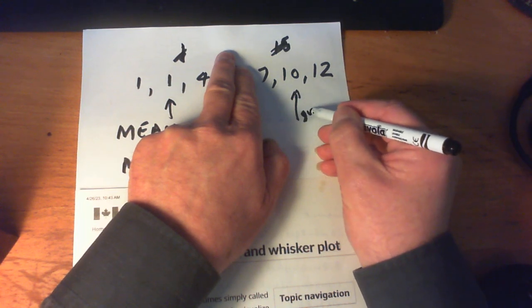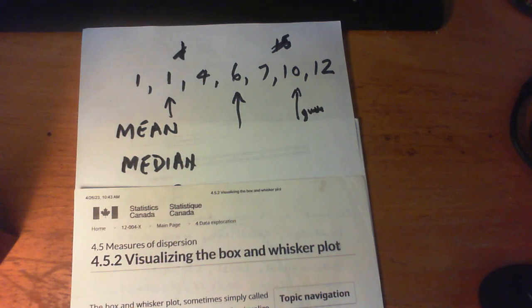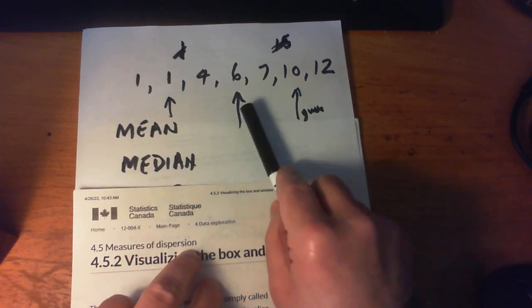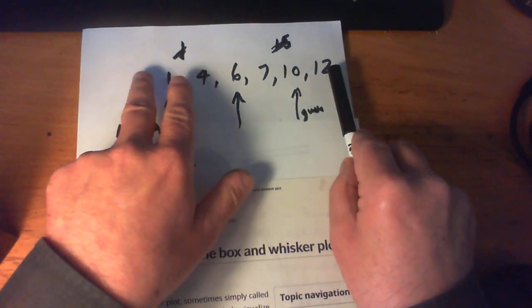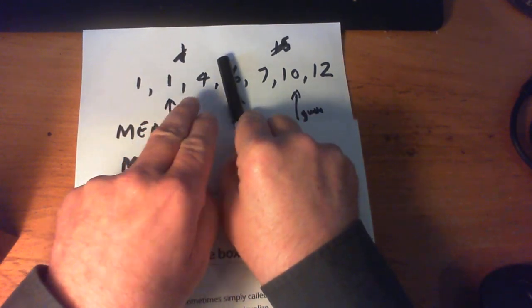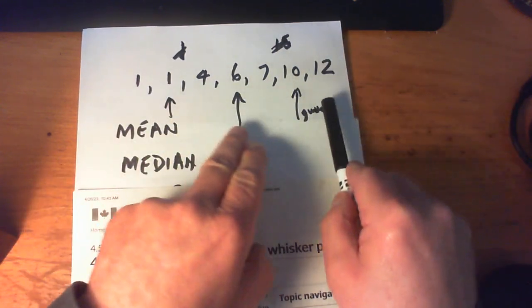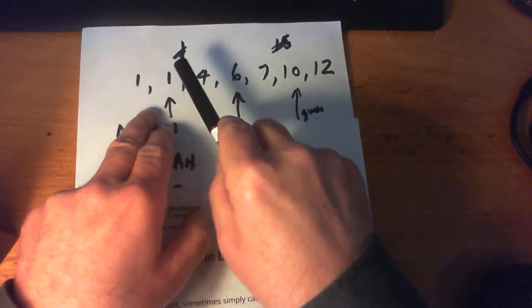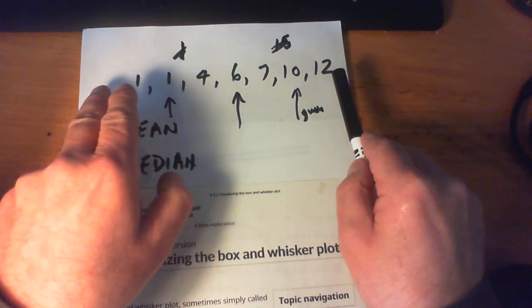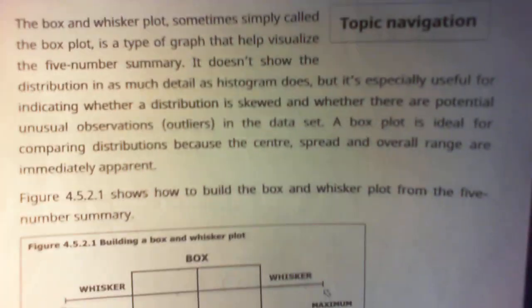Because I've only got 7 items here, it's a bit meaningless to have quartiles, but you can see the general idea. So I've split the data with the median into 2 groups of equal size, then taken the quartiles, which produce 2 more groups of equal size, which together produce 4 separate groups, and each group has the same number of data items in it. And this is what this is showing here.